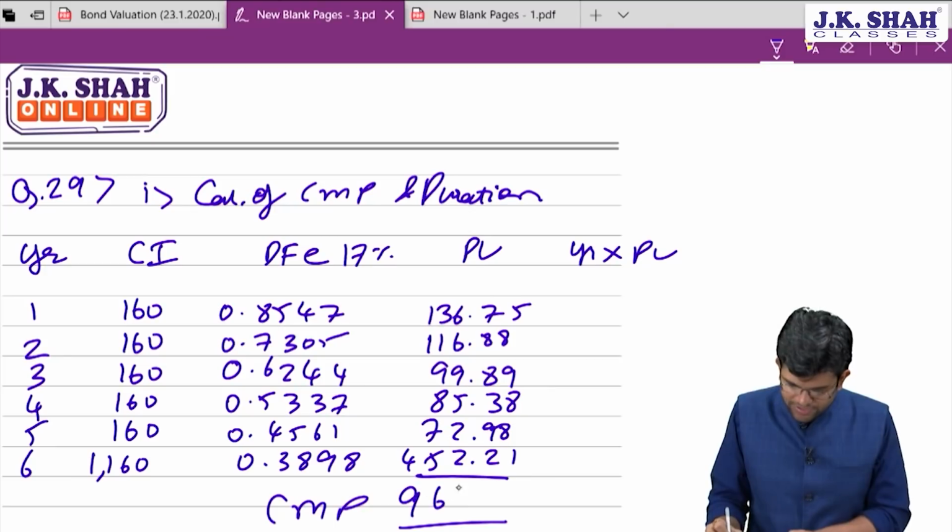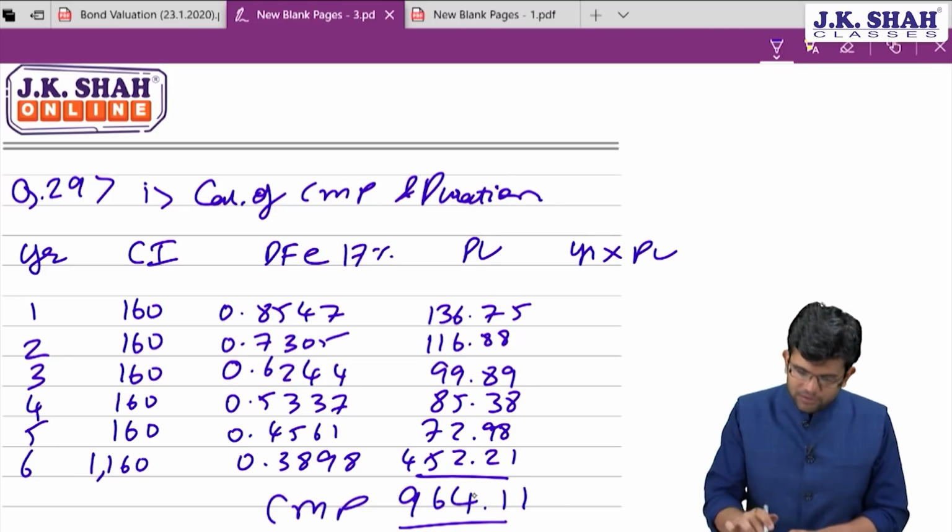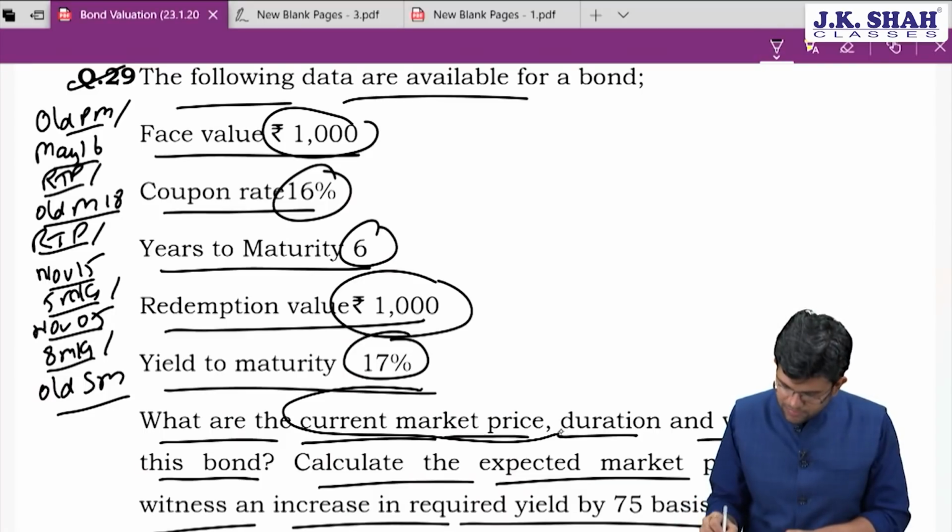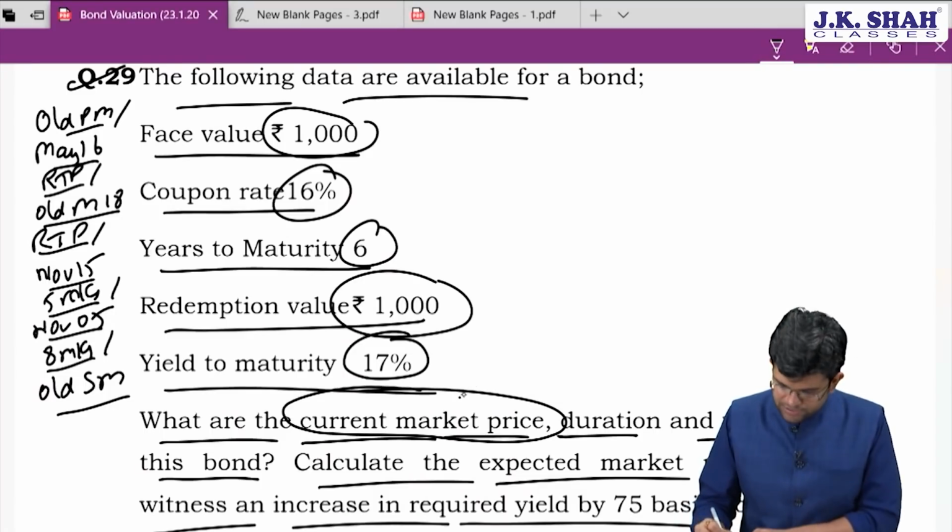MRC comes to 964.11. So 964.11, students, therefore is the current market price of your bond. Yes, we get it as 964.11.